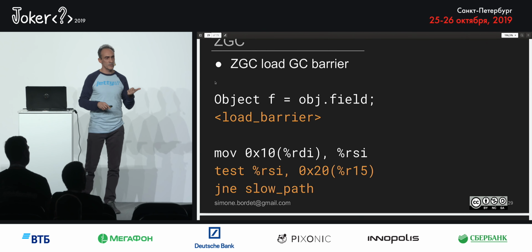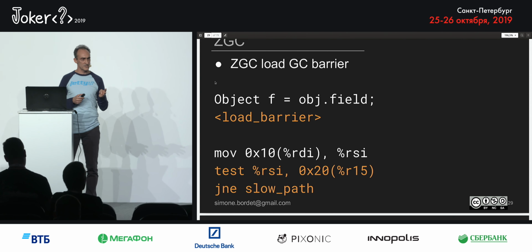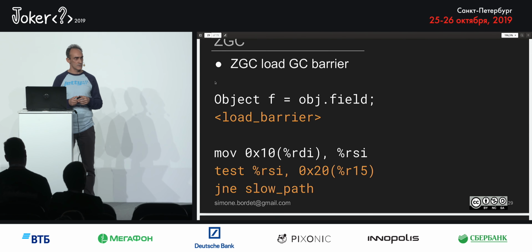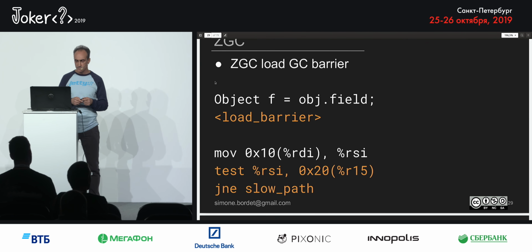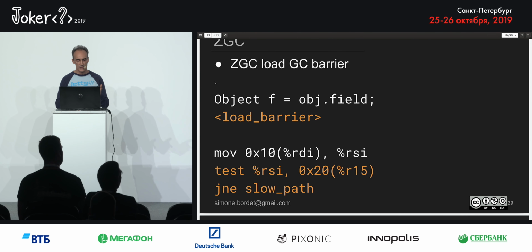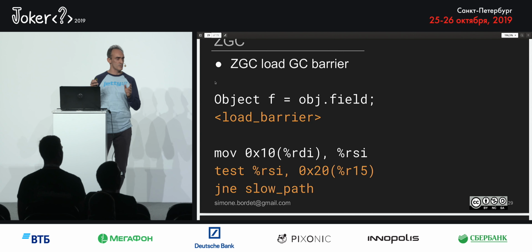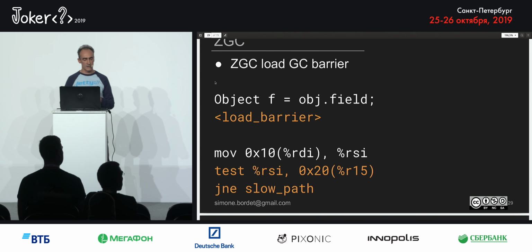This load barrier has been measured by the ZGC team to have an impact of about 4% on normal usage. So it's not free. It has to be as cheap as possible. So one solution was, well, let's encode some metadata in the pointer so it will be super cheap to have a load barrier.